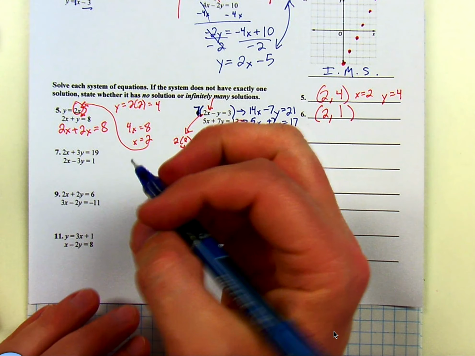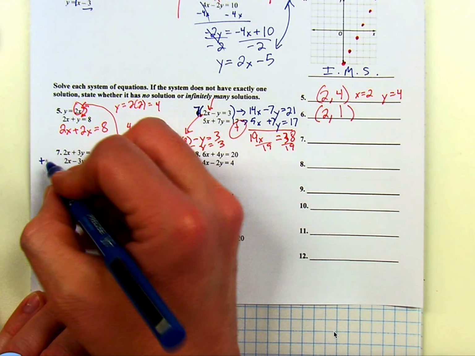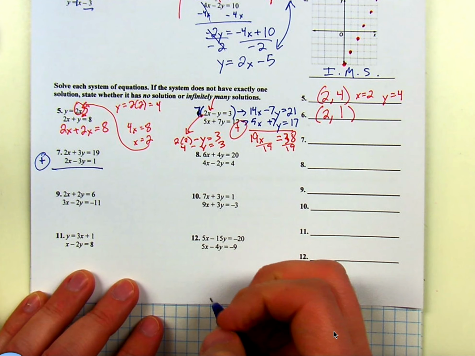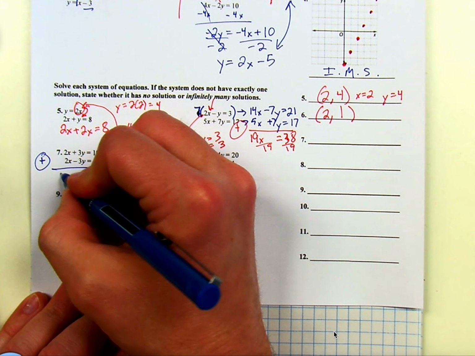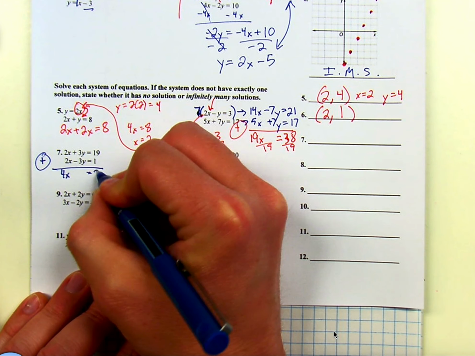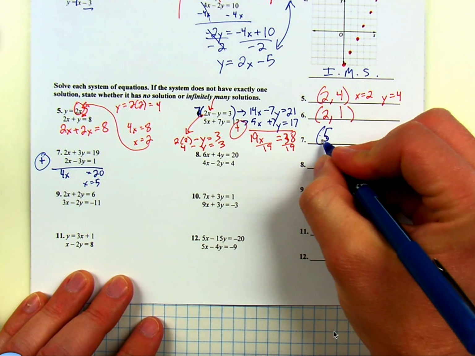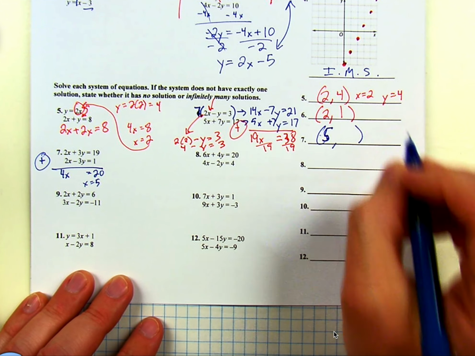Number 7. I think this one is perfect for elimination, and you could add or subtract on this one if you want to. I like add. Whenever add works, I'll go with that. Those are gone. Boom, x equals 5. What's my y value? Watch this.